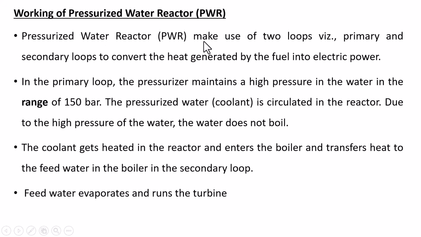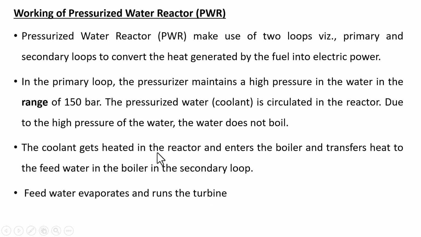A pressurized water reactor makes use of two loops, primary and secondary loops, to convert heat generated by the fuel into electric power. In the primary loop, the pressurizer maintains a high pressure in the water, in the range of 150 bar. The pressurized water coolant is circulated in the reactor. Due to this high pressure, the water does not boil.